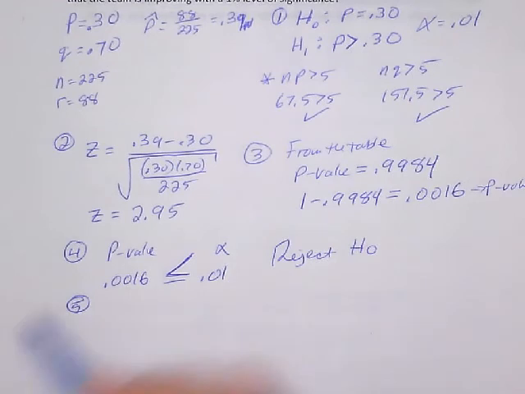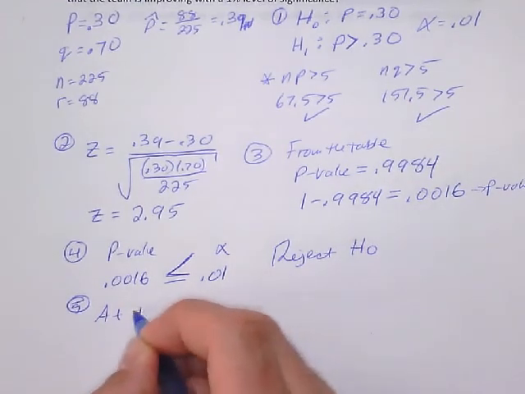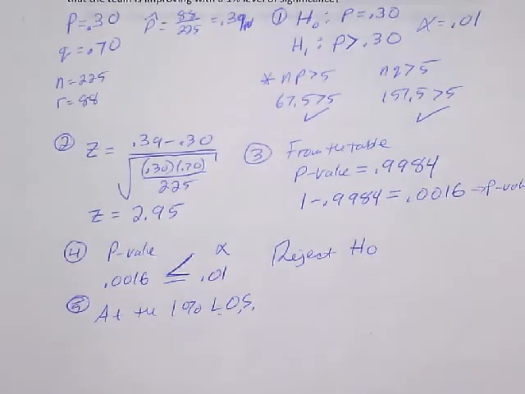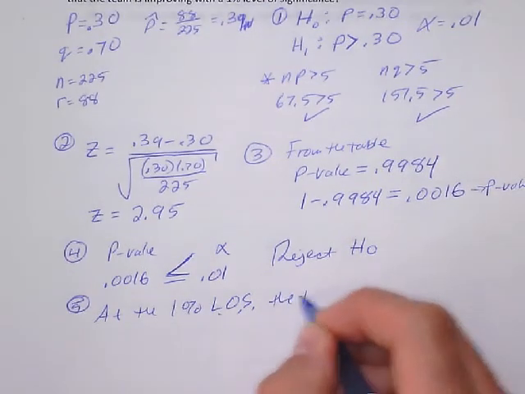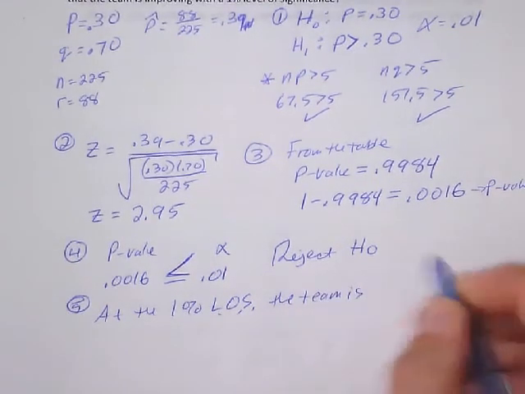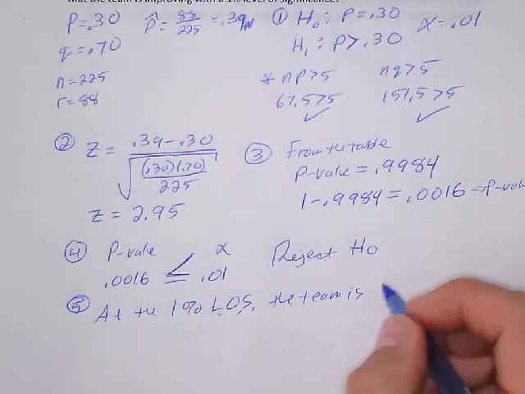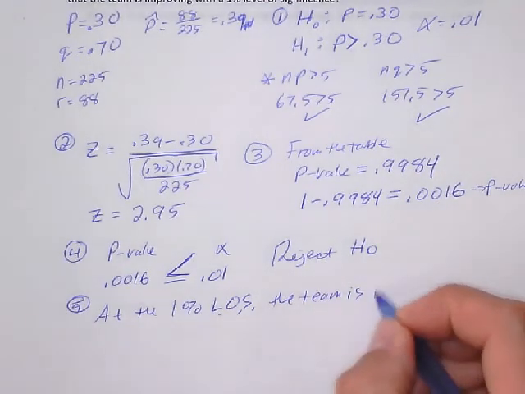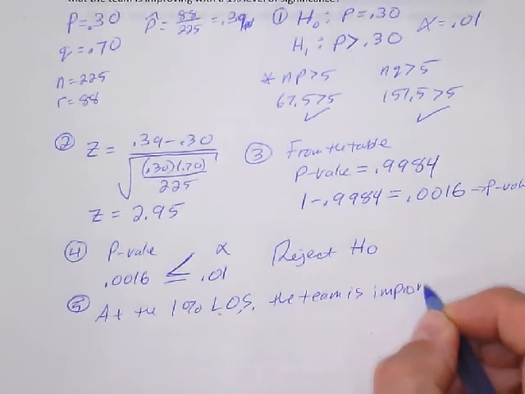So this means for step 5, at the 1% level of significance, the team is improving, doing better. What did it say? The team is improving.